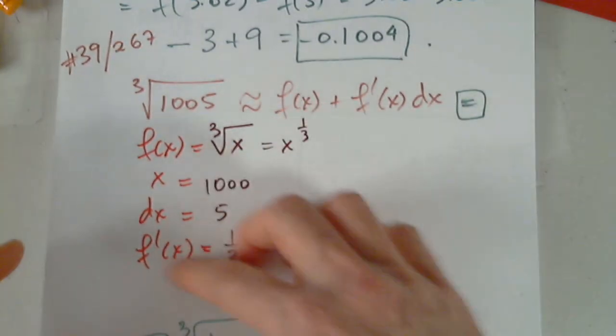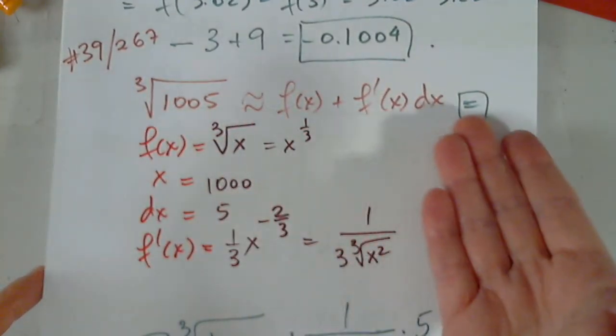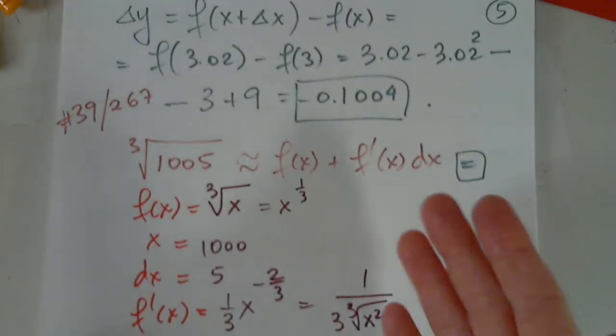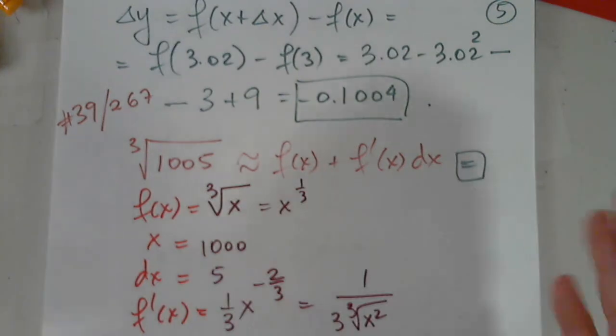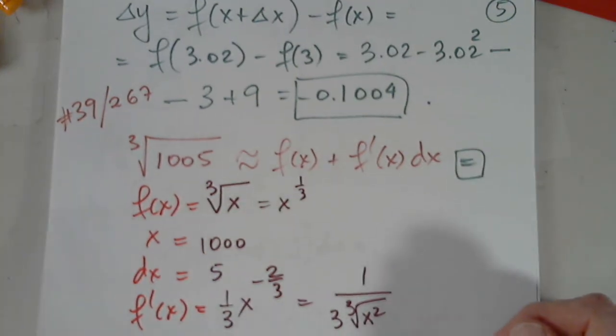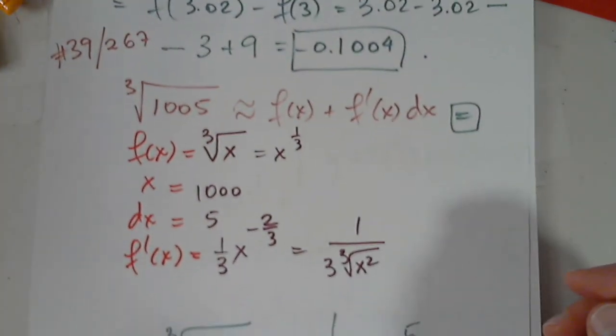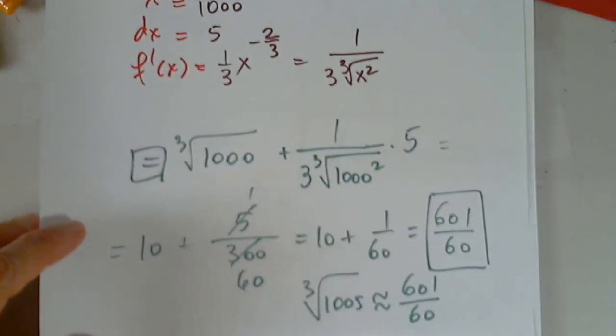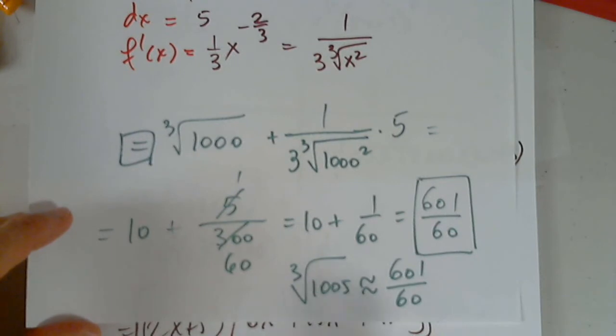Once I have the function, I find the derivative, and all I have to remember is this. I don't have to remember it, I just have to know what they mean. Delta y is approximately f prime of x dx, or dy. I just need to have this in the back of my mind, and then the rest flows. Is that better?